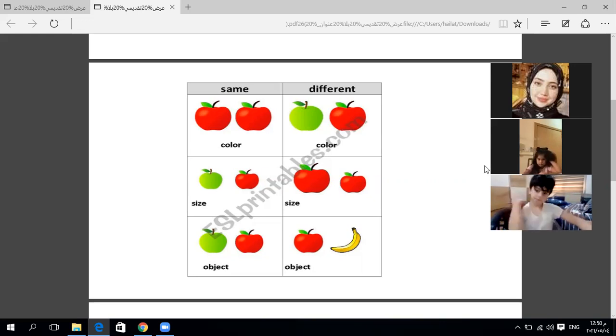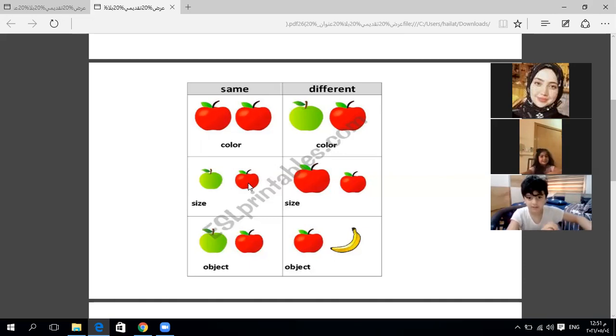Yes, Amir, if you can hear me. Look at the second row. We have two apples here, but they have the same size.